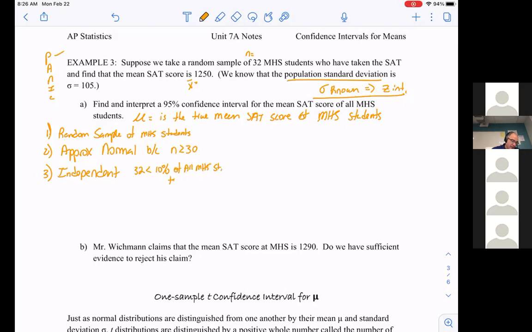Now, this is the kicker, taking the SAT, because I am not sure if 320 MHS students take the SAT, but we're going to roll with it. All right, we have done my assumptions. We need a name next. So again, this is going to be a one sample z interval for means.